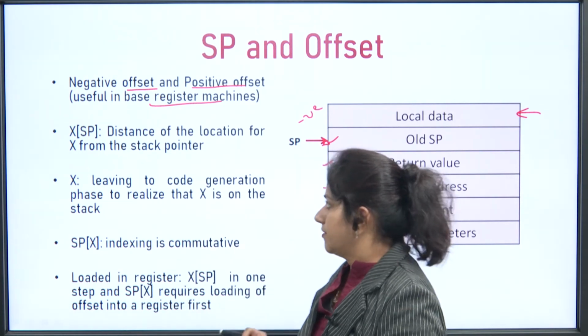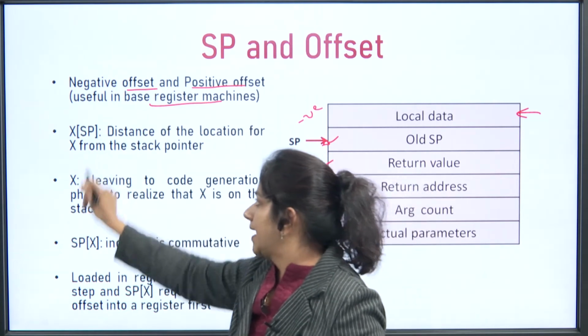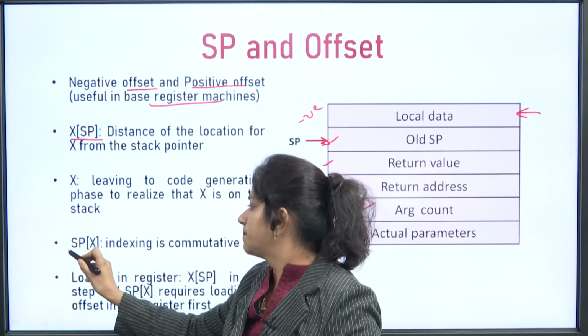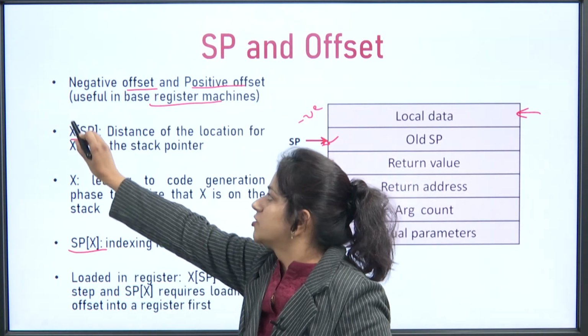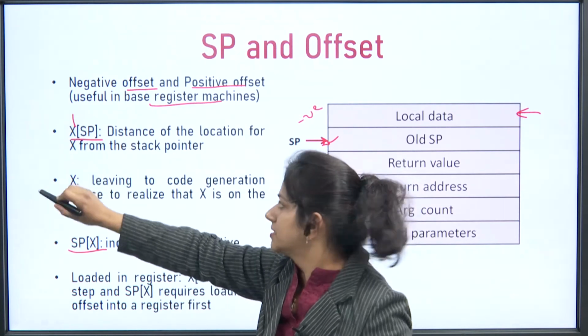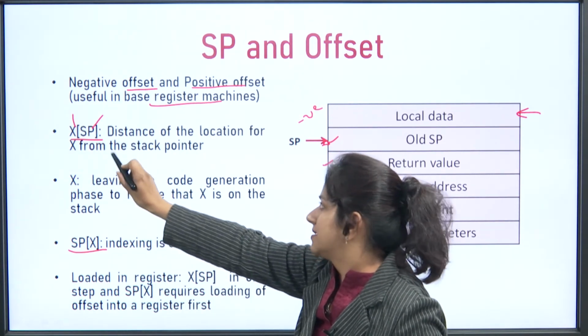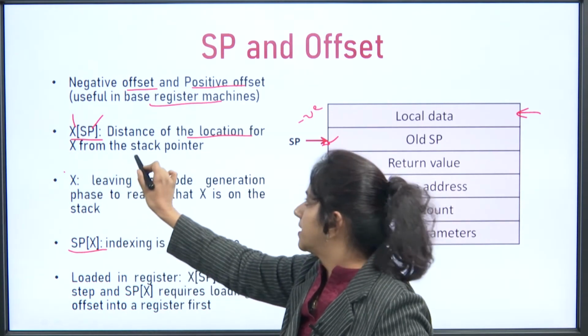Now, next, if we are talking about offset and stack pointer, then another concept is x at SP or SP at x. Here x is the offset, or we can say the constant, and this is the stack pointer. So, this x tells us the distance of the location for x from the stack pointer.